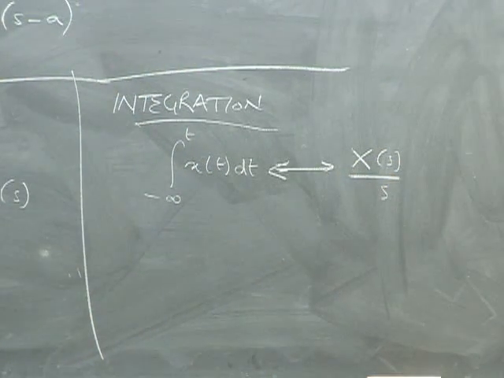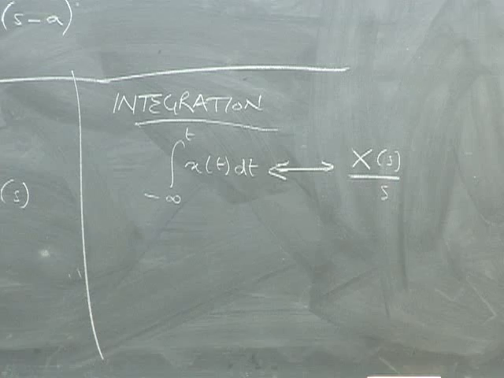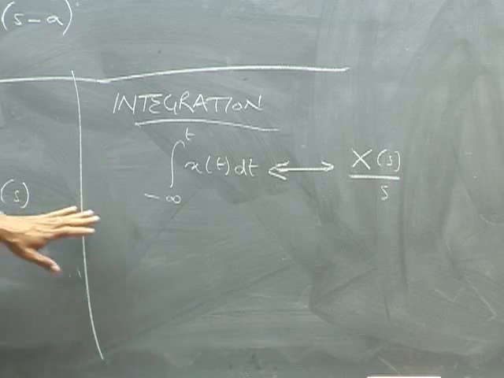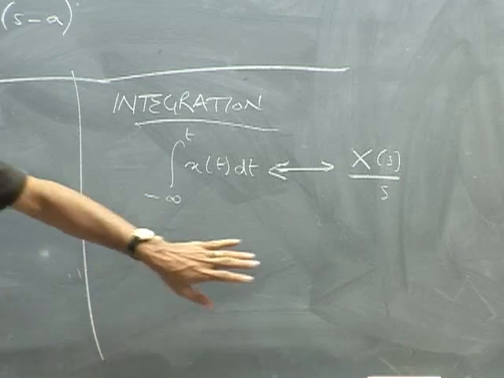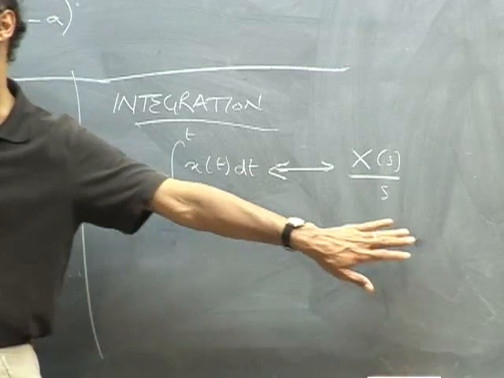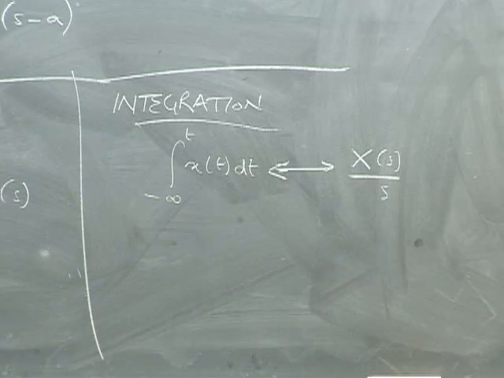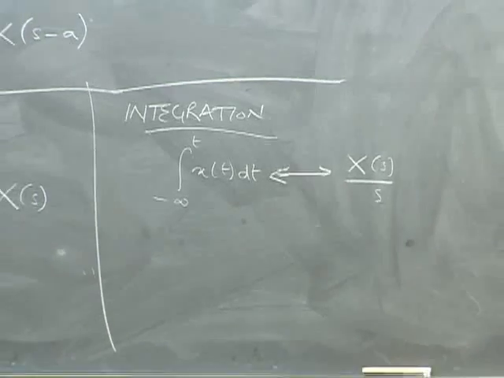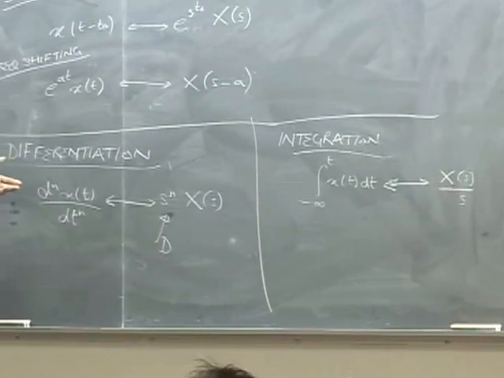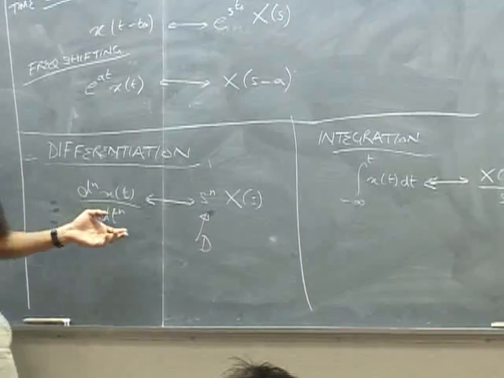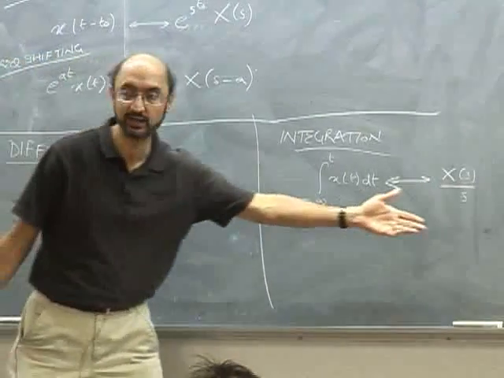And so if you multiply by s, you're differentiating in the time domain, whereas if you integrate in the time domain, you just divide by s in the frequency domain. So again, this takes an integro-differential equation, which has both integrals and differentials, and makes it into polynomial equations, and that is much easier to solve because we're just multiplying and dividing by s.